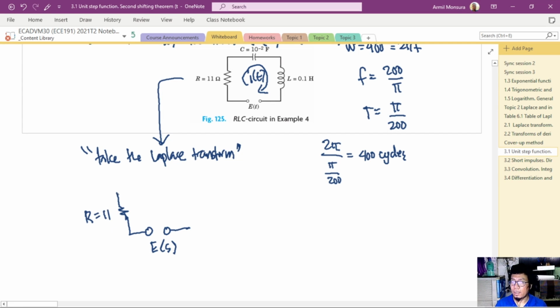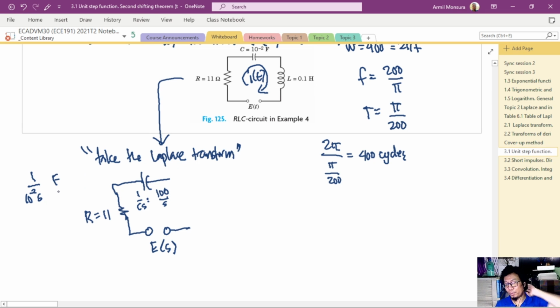The capacitor C has an impedance of 1 over Cs, which in this case is 1 over 10 raised to negative 2 S, or basically 100 over S. We will not use the unit farad here, since this is already impedance.